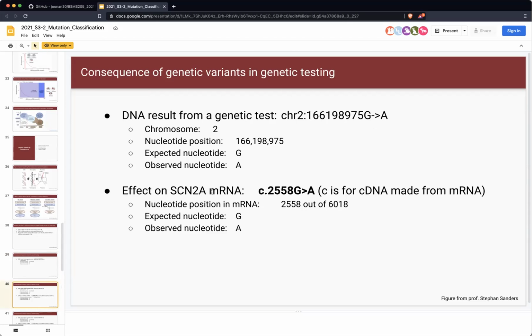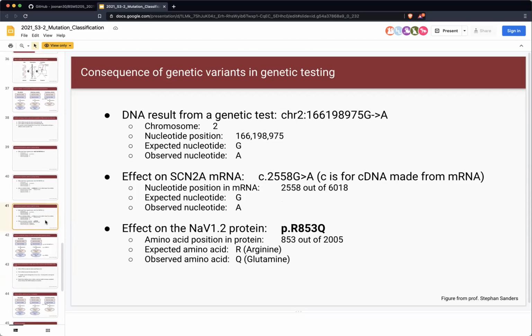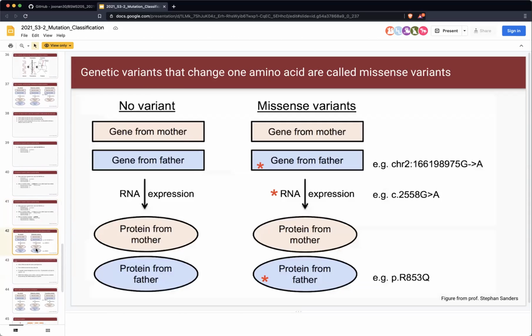And it is actually at position 2558 of your cDNA, which is transcribed from the mRNA, and that is also changed G to A, right? And in the protein, it changed one amino acid at position 8053, from arginine to glutamine, right? So your mutation can change the phenotype ultimately.